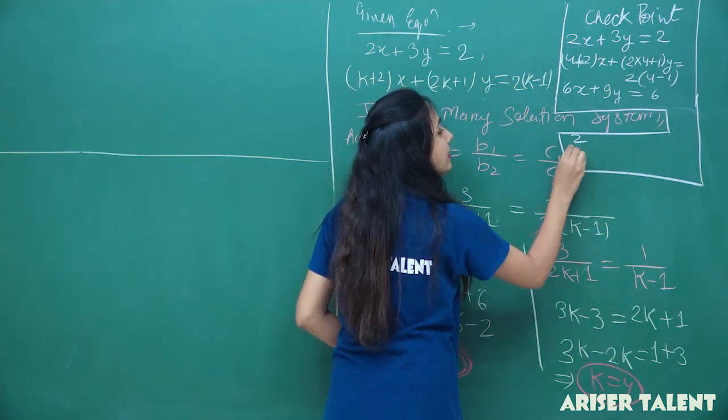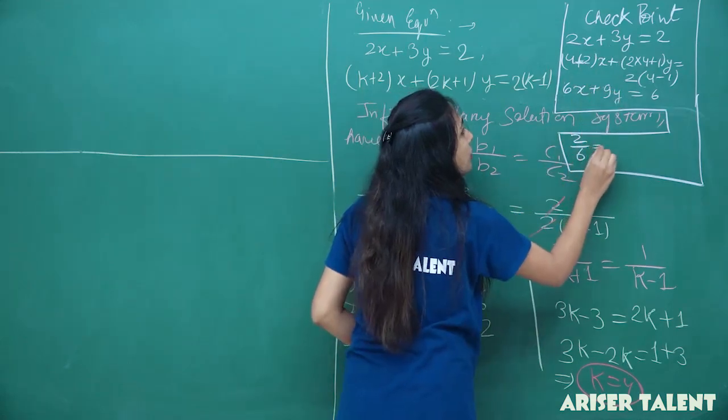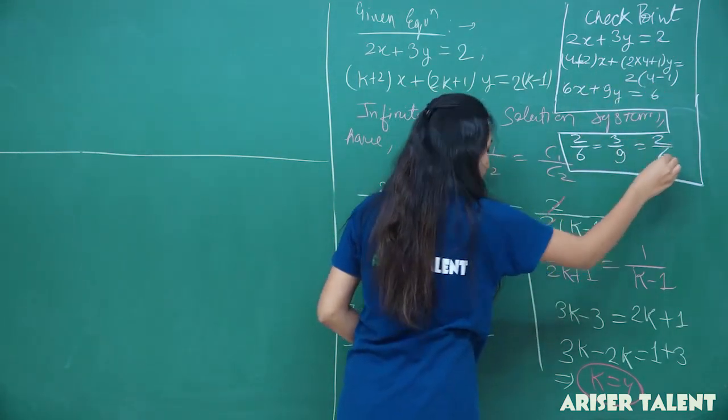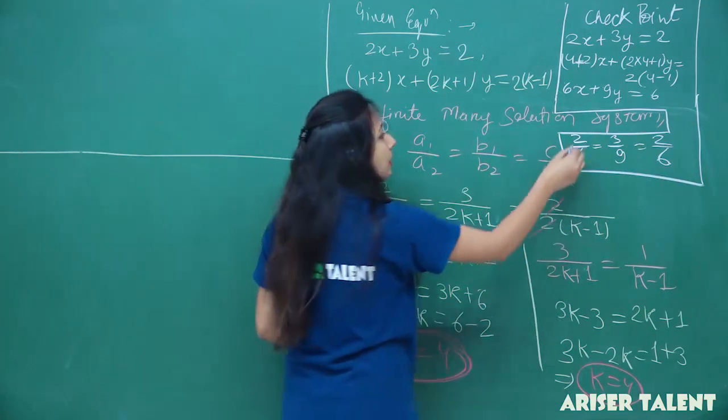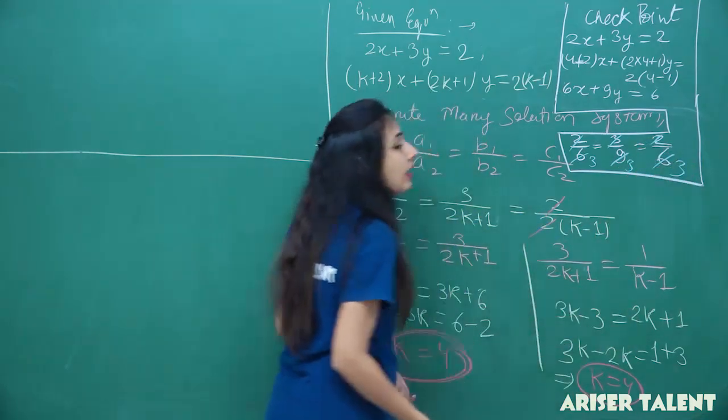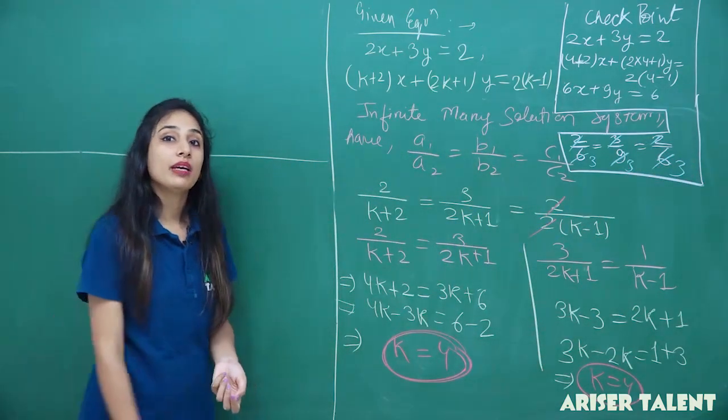From here you can see that 2 by 6 equals 3 by 9 equals 2 by 6. How? Because this will cut by 3, this will cut by 3, and this will cut by 3, giving 1 by 3, 1 by 3, 1 by 3.